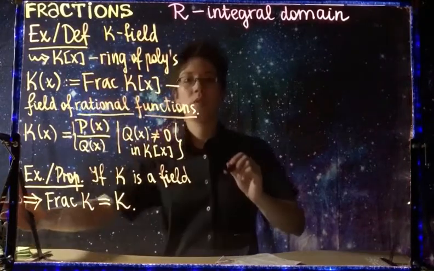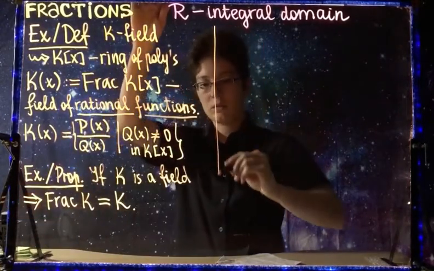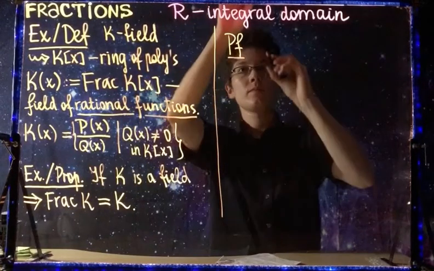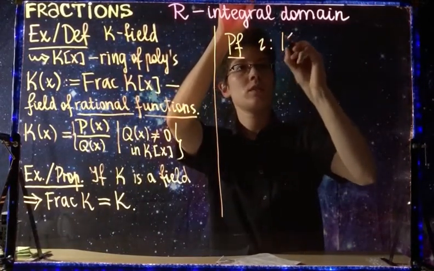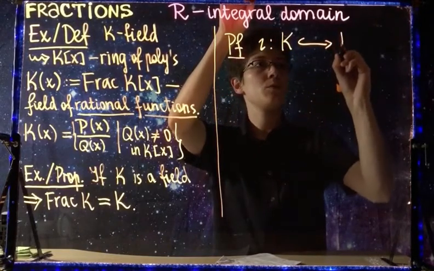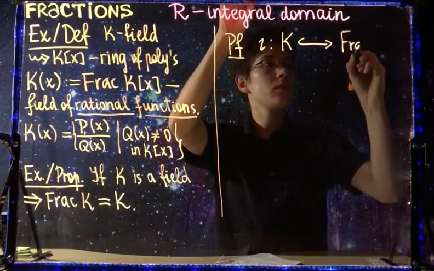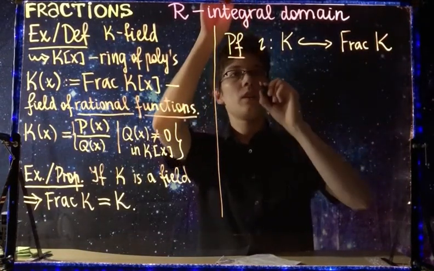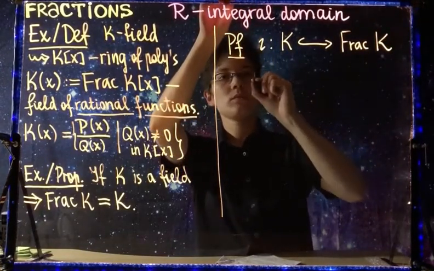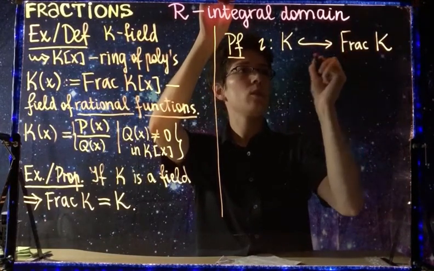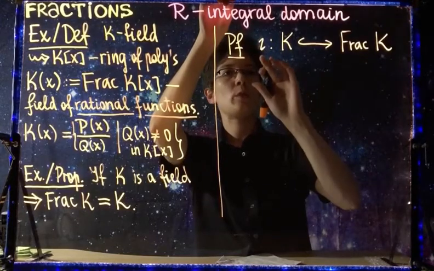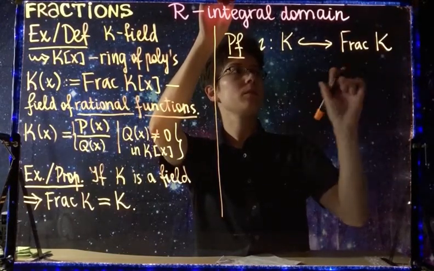And let's see this. So we have this iota from K into the field of fractions. Then we already saw that iota is injective, so I want to prove that iota is surjective.